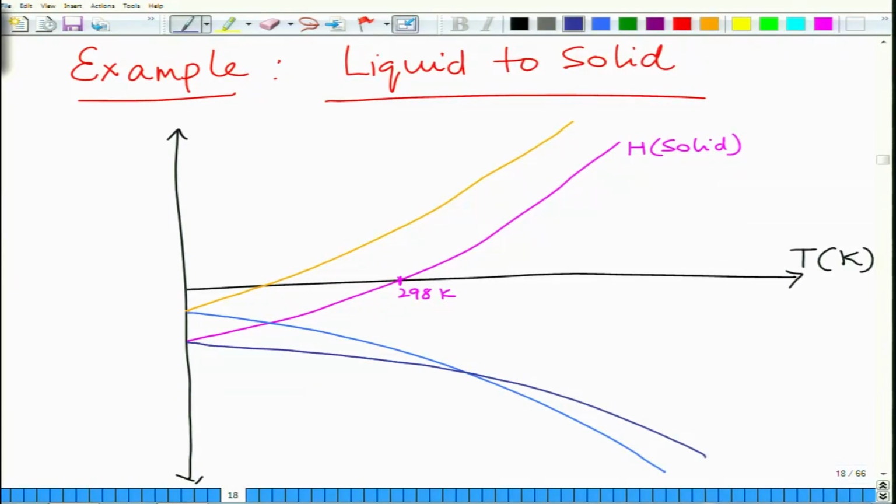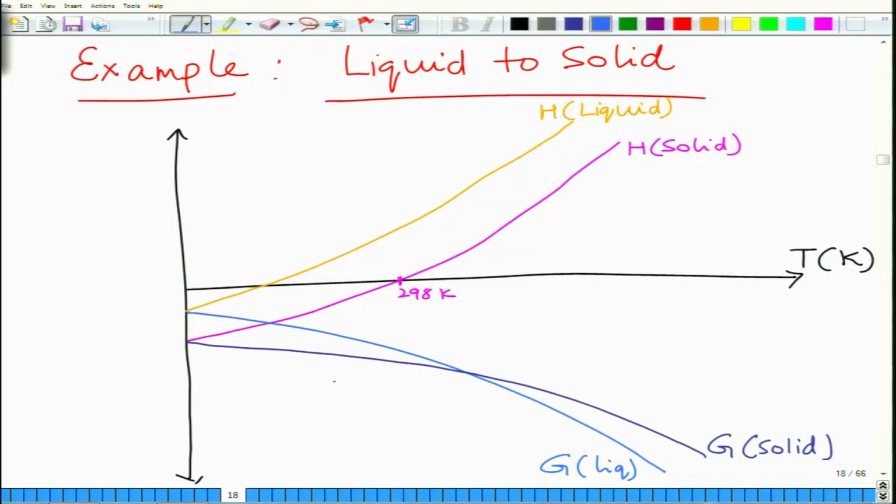So, what I have drawn here is the free energy of the solid phase, G solid, and this is G liquid, and here it is H liquid, okay.